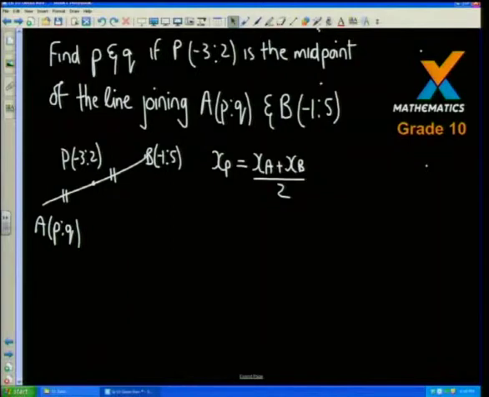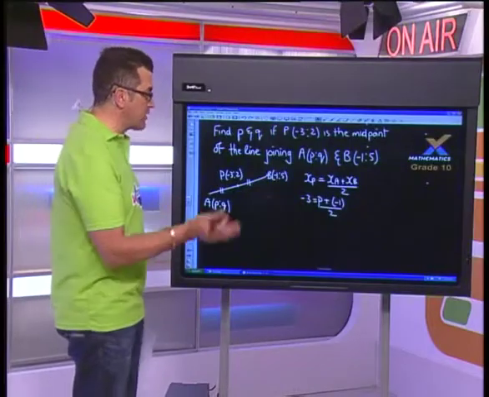Now the x-coordinate for P is -3. So I get -3, which is equal to the x-coordinate of A, and that's the p that I'm looking for, plus the x of point B. Now there's the negative coming in, so that is a -1. And that answer is halved. Now folks, that's a fraction. Don't like fractions in math, so let's get rid of it.